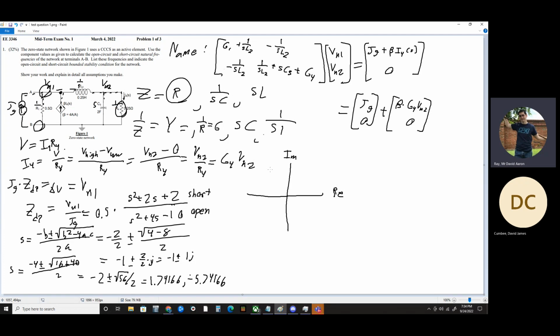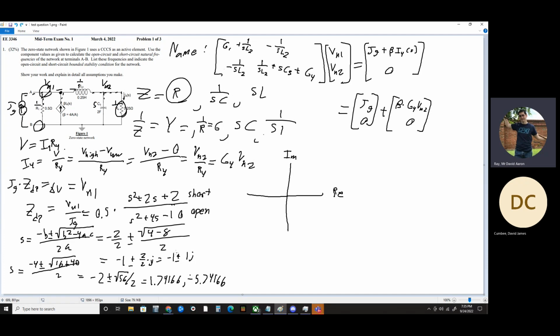And so zeros are represented with circles, and then our poles are represented with X's.